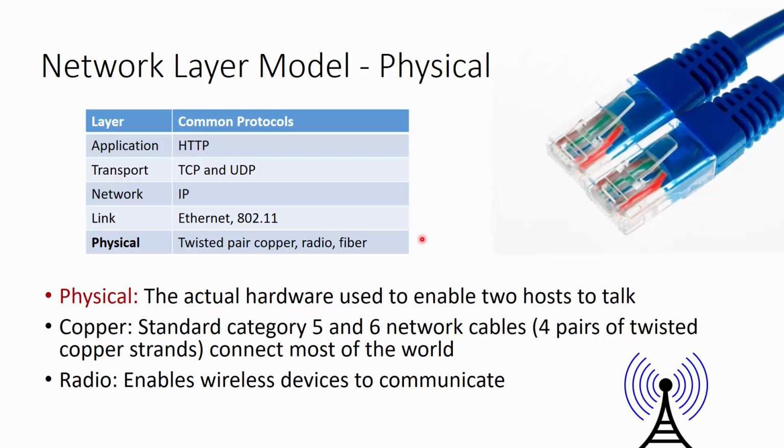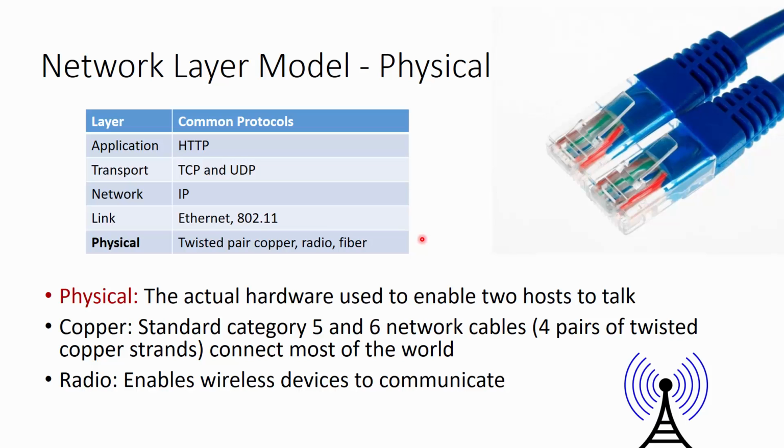Alright, and then our last layer, layer 1, is the physical layer. So this is the actual hardware that connects our two hosts together. From a copper perspective, we're talking about Cat5, Cat6 network cables. And that is going to connect most of the world together. We can have long-haul connections that are fiber optic, but anything short is going to be done in copper.